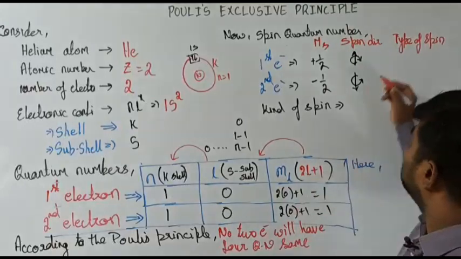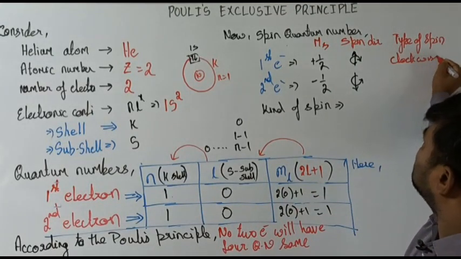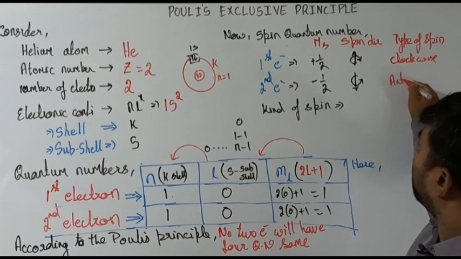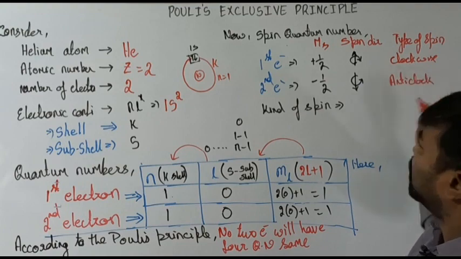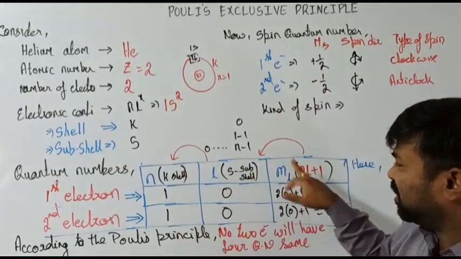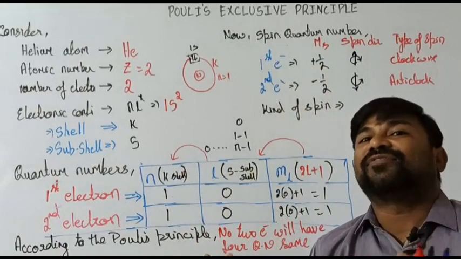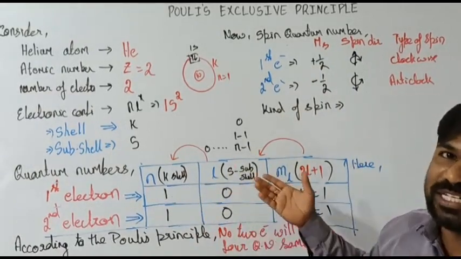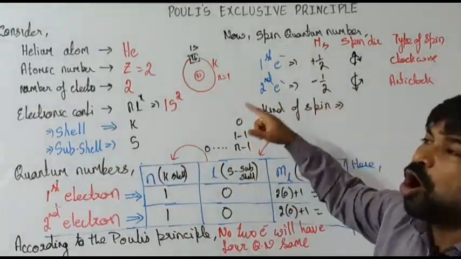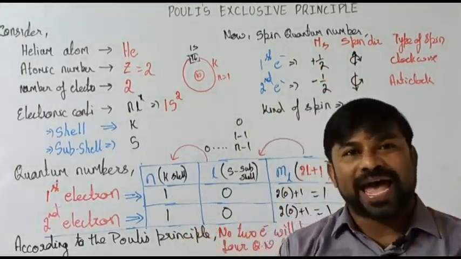The first is a clockwise direction, and the second is anti-clockwise. So this is the difference. Here everything is matched, but they have different half-integer values. The spin quantum numbers of the first and second electrons are not matching.